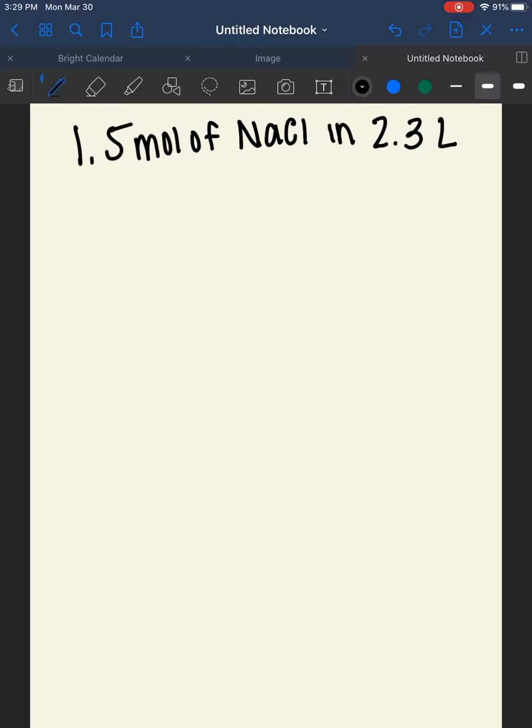Okay, so this one is fairly straightforward. We're given my moles and we're given liters already. So it's asking to calculate the molarity.